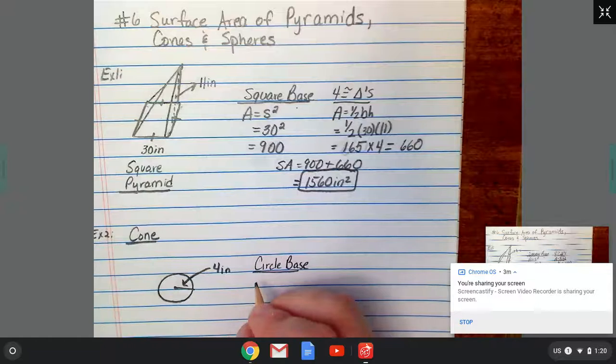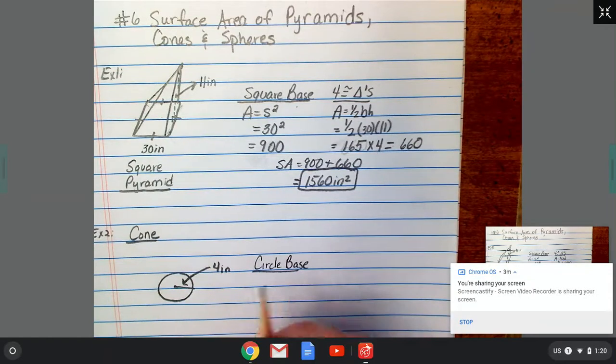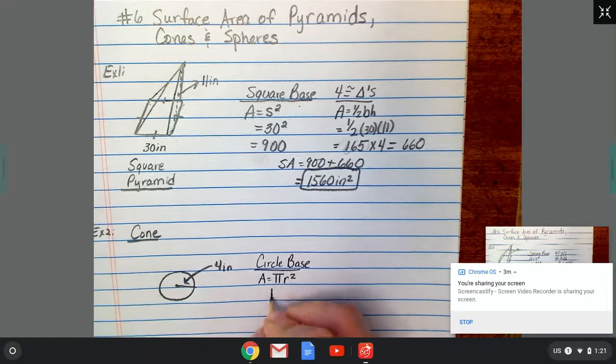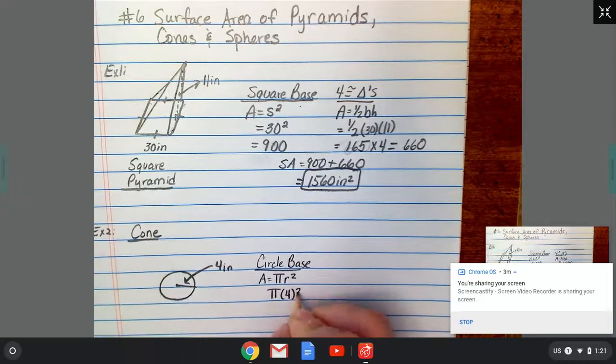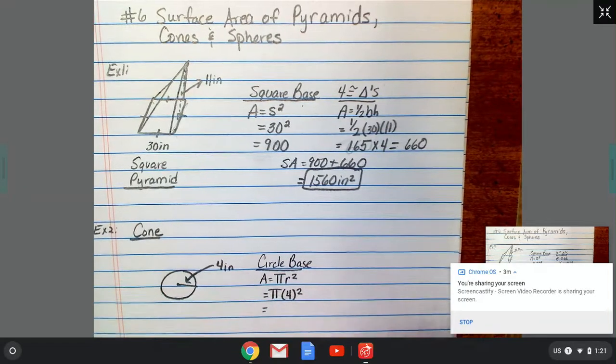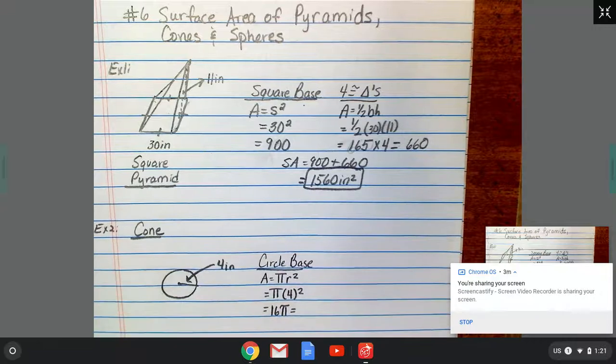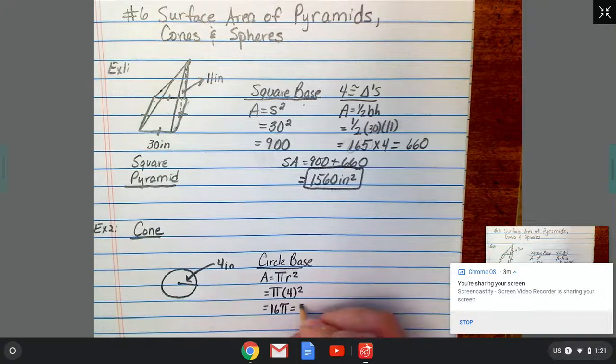So we're going to do pi r squared. Okay, and then that's 16 pi. If we calculate that, 50.24.